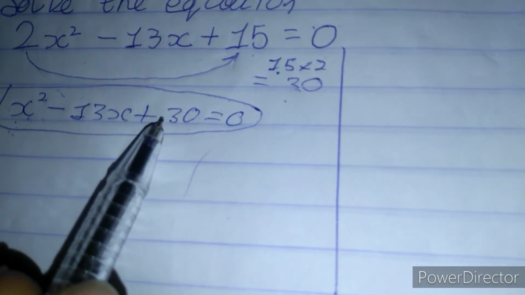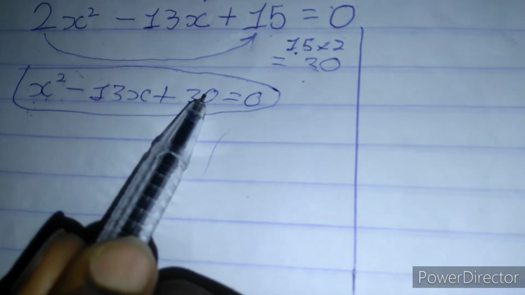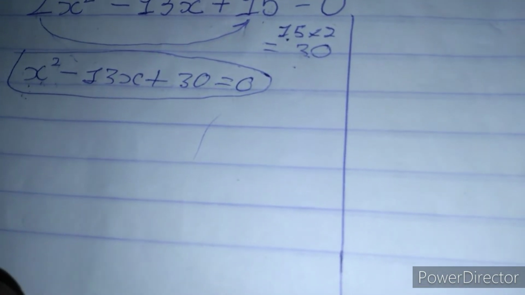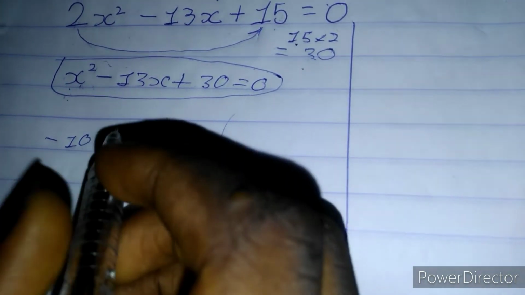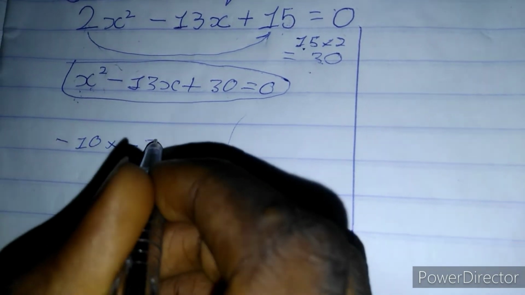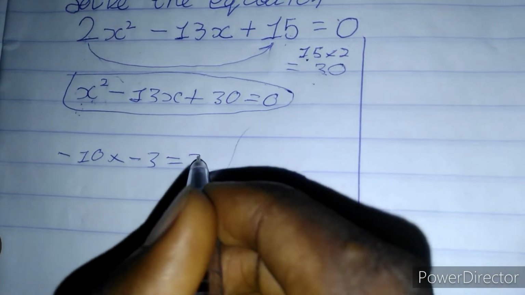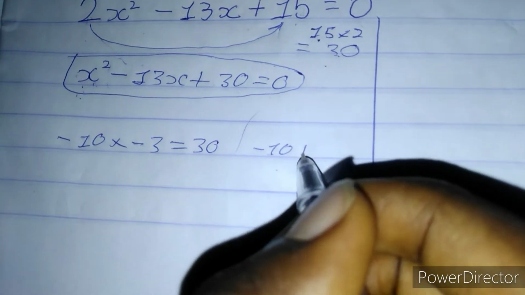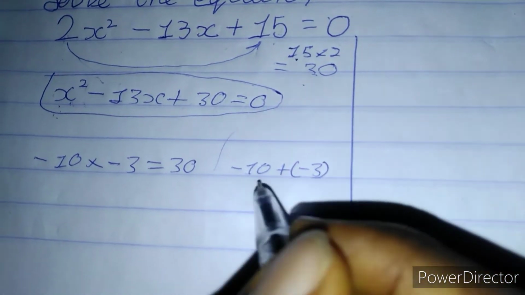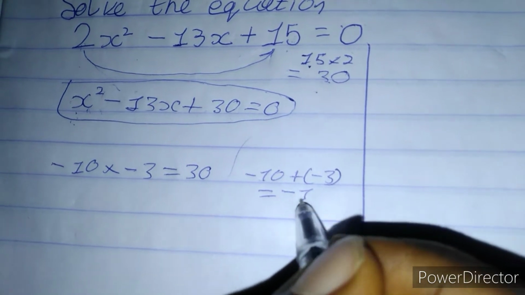So what can we multiply together that will give us 30, and by the time we add them together, will give us minus 13? Okay, what if we try minus 10 and minus 3? Minus 10 times minus 3 will give us 30. Then by the time we add them together, minus 10 plus minus 3 would also give us minus 13.